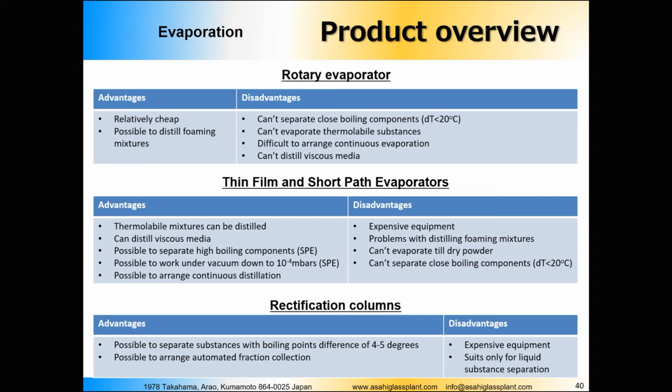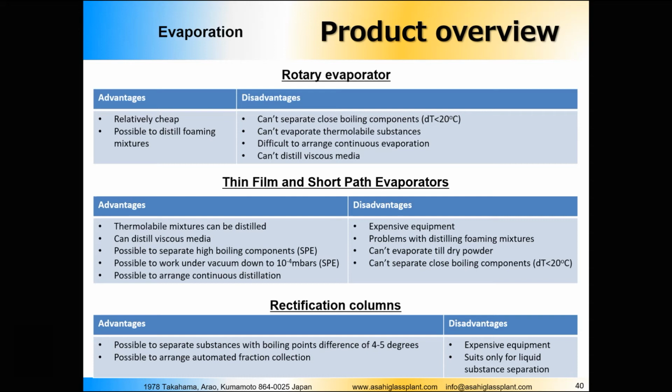But with thin film evaporators, I had experience offering a peristaltic pump for loading, and I will show it in pictures later in this presentation, how it was designed, and it worked.